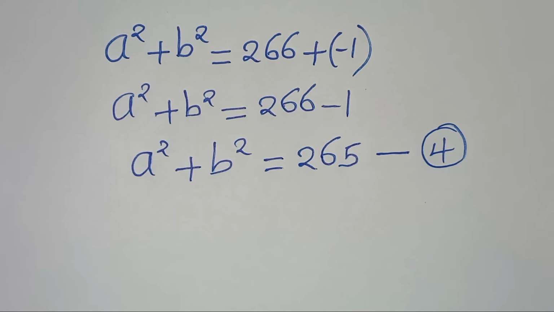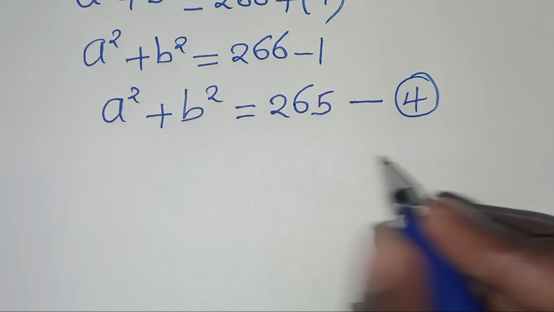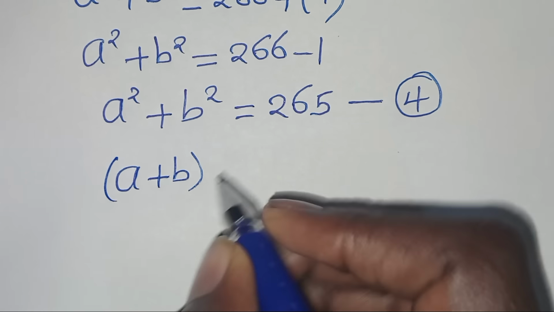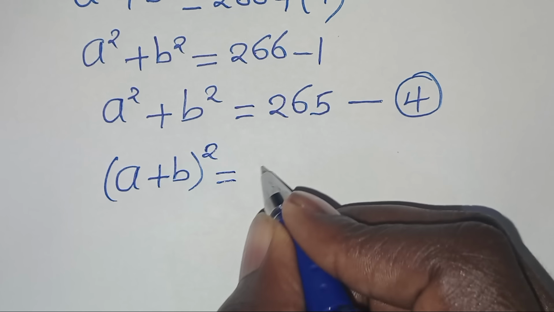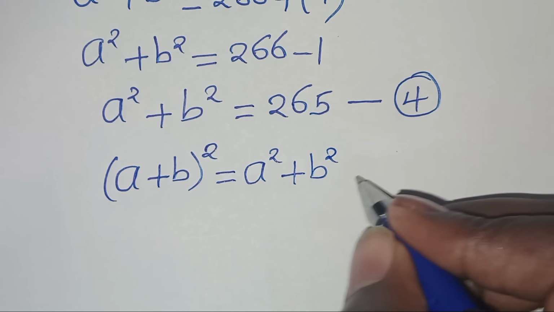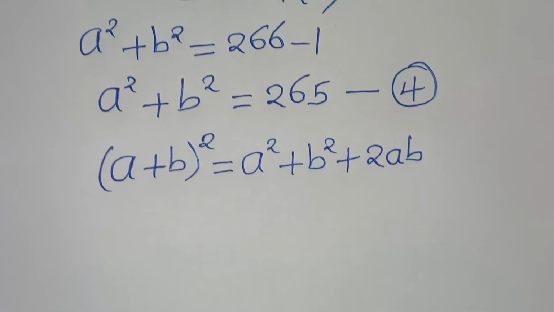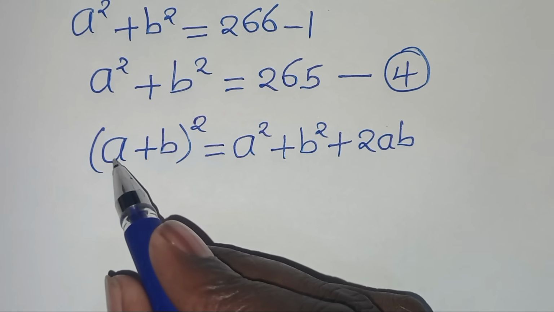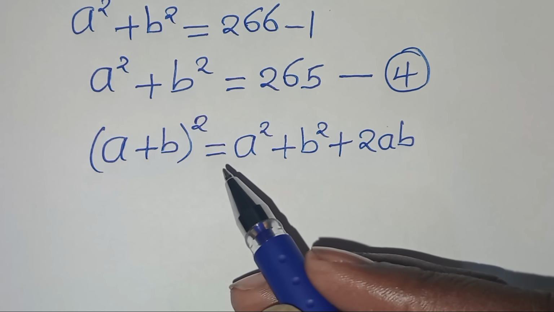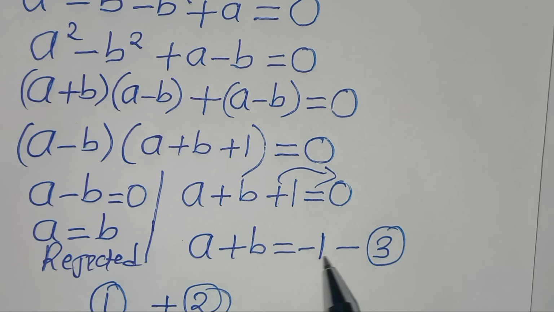Now, the next step from here. We know from the algebraic identity that a plus b raised to the power of 2 is the same thing as a to the power of 2 plus b to the power of 2, then plus 2 times ab. Now, here we have a plus b, which is the same thing as what we have in equation 3. Equation 3 is a plus b is minus 1.